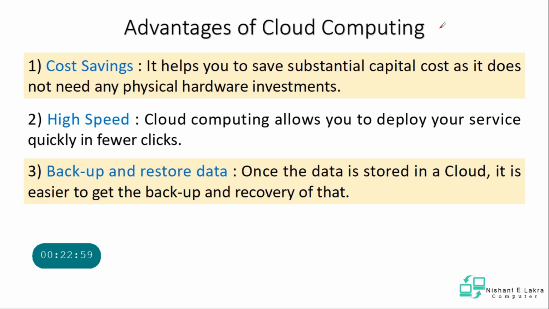The first person will have a bigger loss, right? The reason is because he or she cannot recover the data. But the second person, even if the mobile phone or the memory card is spoiled, can still recover it from the cloud. So this is a very good advantage of cloud computing.